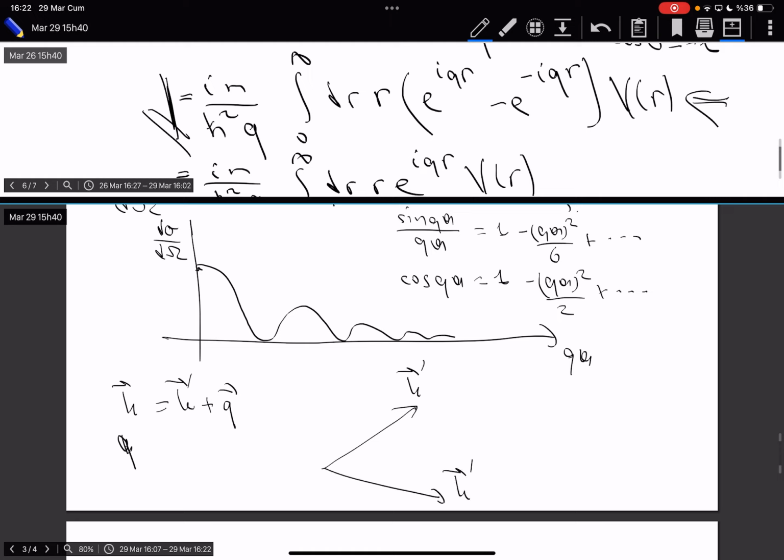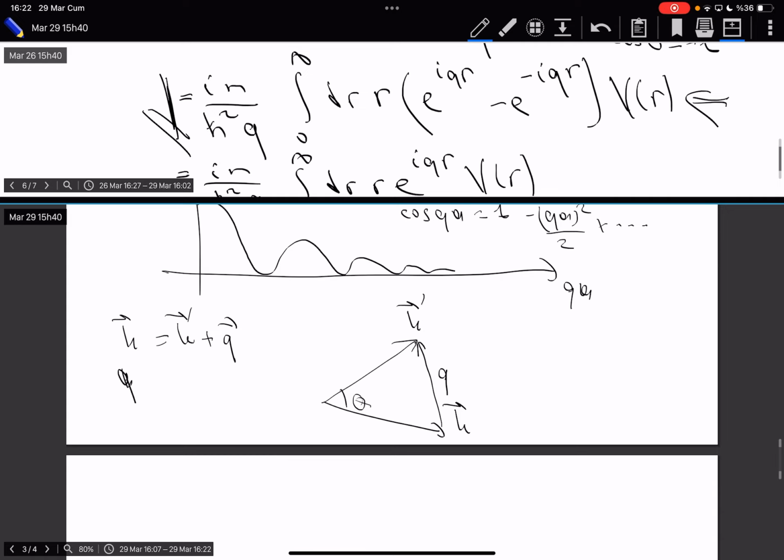Initially it's moving in the direction of K, it is scattered by an angle theta. This is Q, and so Q is twice K sine of theta over 2.